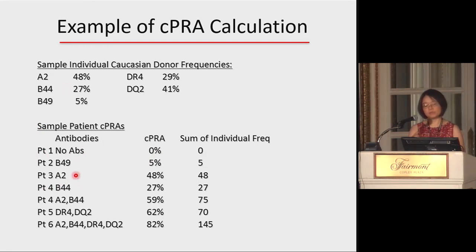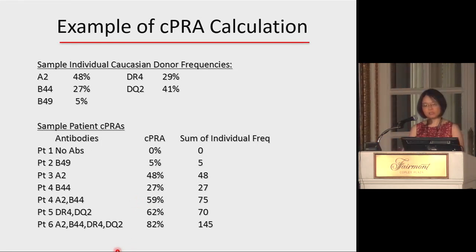If your patient, for example, has an A2 antibody, then their CPRA level is 48%, corresponding to the antigenic frequency in your donor population. If they have an A2 and a B44, then it's cumulative. So 48 plus 27, 59%. As you can see, it's a better way of gauging your likelihood of transplantation based on the donor population you have at hand.